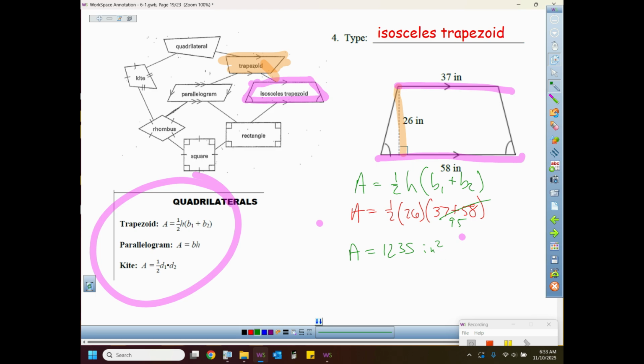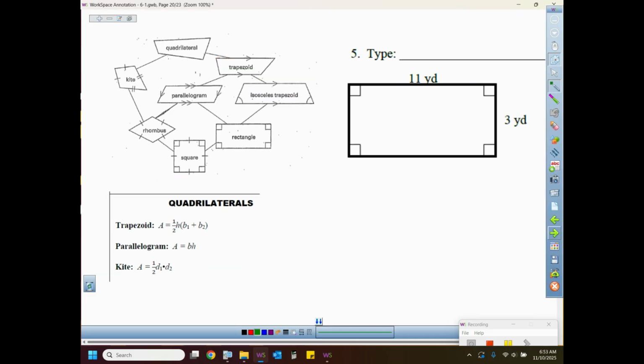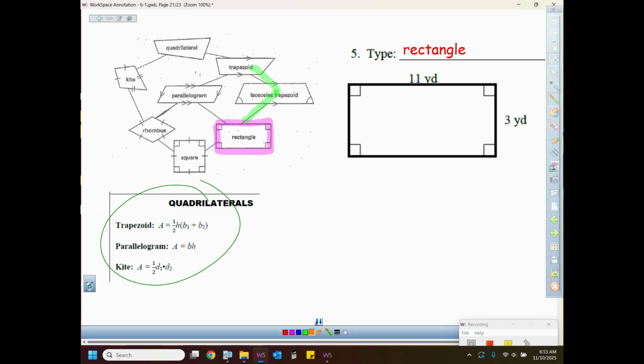So we had to use the hierarchy to figure out the formula for the isosceles trapezoid, but kind of common sense. I mean, it's got the word trapezoid in it also. But when we get to a rectangle, even though middle school has taught you well, it's just like, hey, I don't have a formula on my yellow card for a rectangle. That's because a rectangle, you could use the isosceles trapezoid if you wanted to, which doesn't have one, which is really a trapezoid, or you could just go straight and go, yeah, that's like a parallelogram, right?